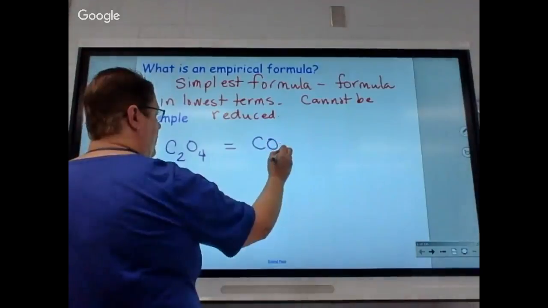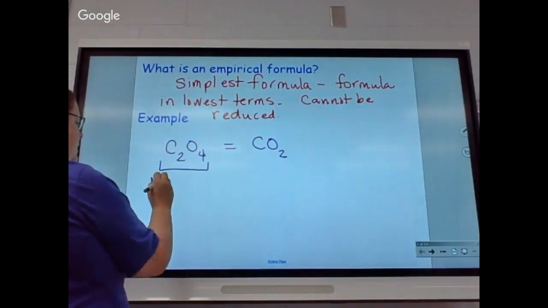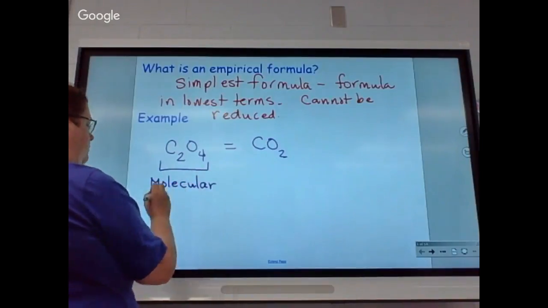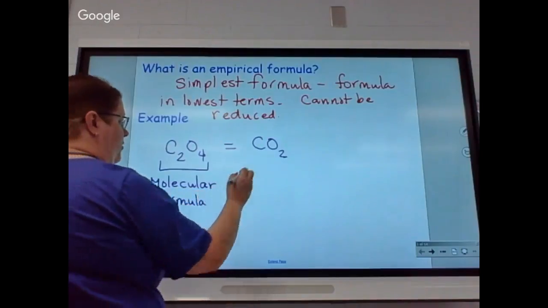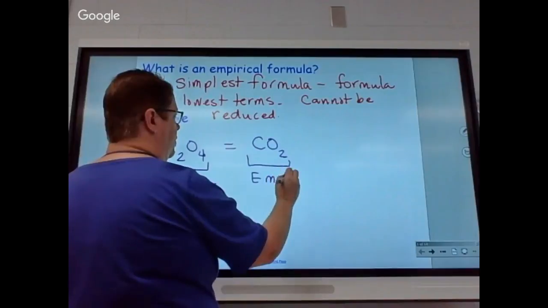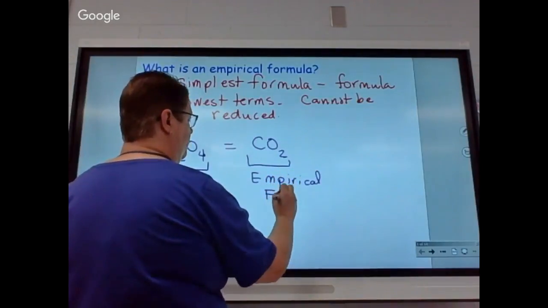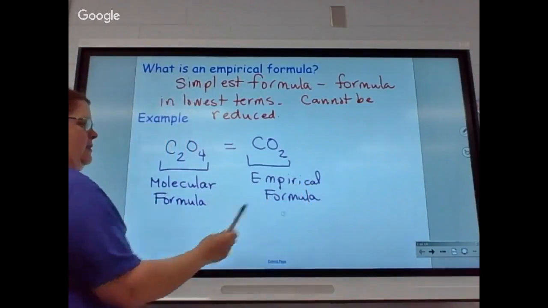This we will call the molecular formula, and this is going to be called the empirical formula. So that's molecular, that's empirical.